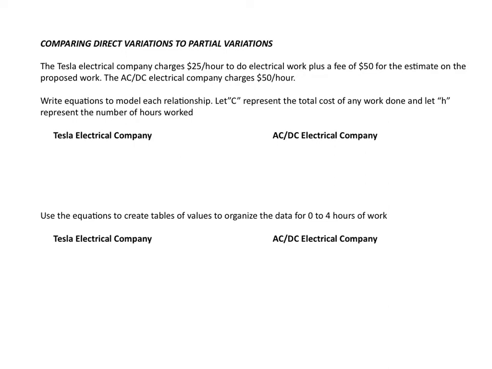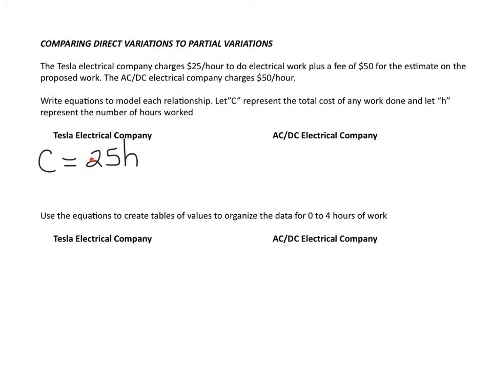So let's start with the Tesla Electrical Company. So we know that our equation is going to start with a capital C for cost or total cost. So the Tesla Electrical Company charges $25 an hour. So we were asked to use the letter H to represent hours. So I'm going to put into my equation 25H.